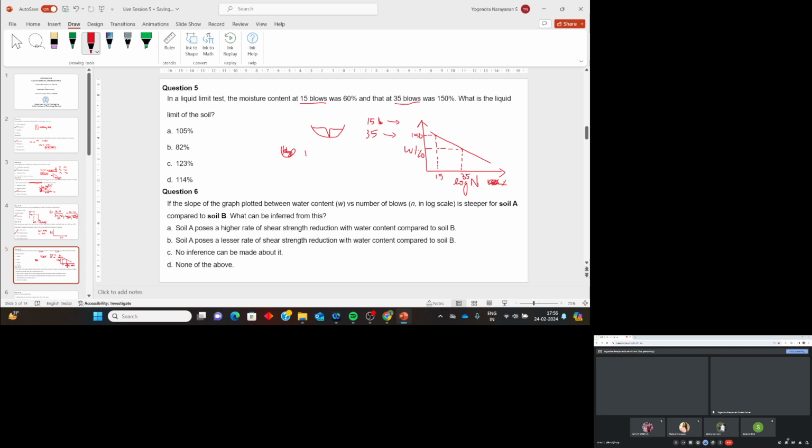So the slope is y2 minus y1 by x2 minus x1.